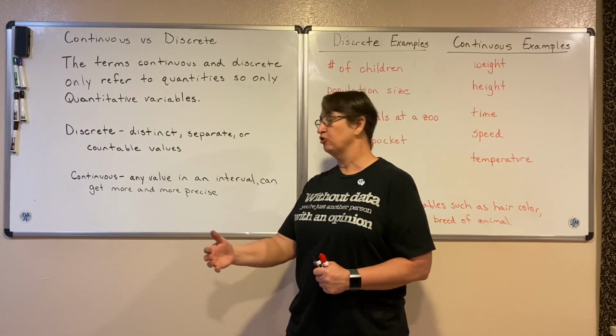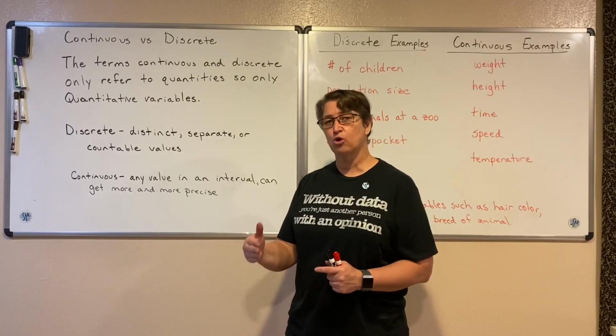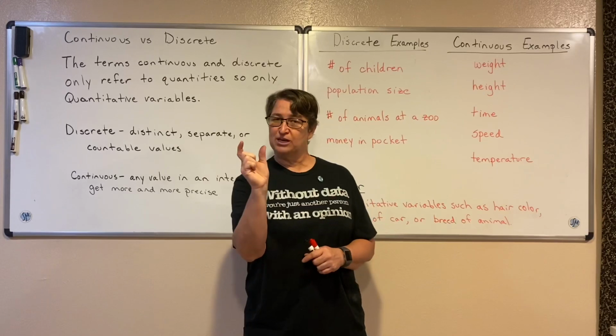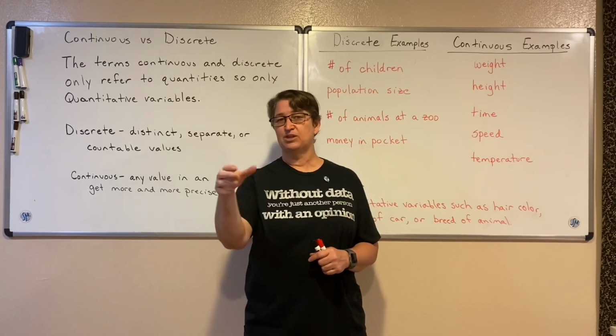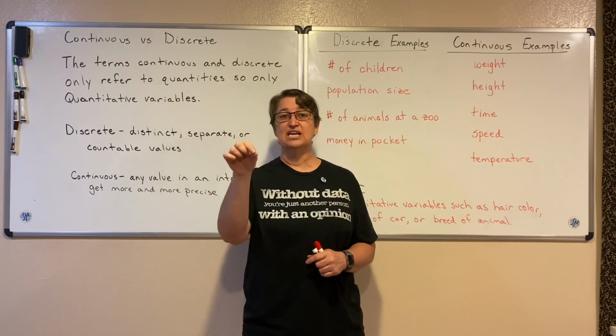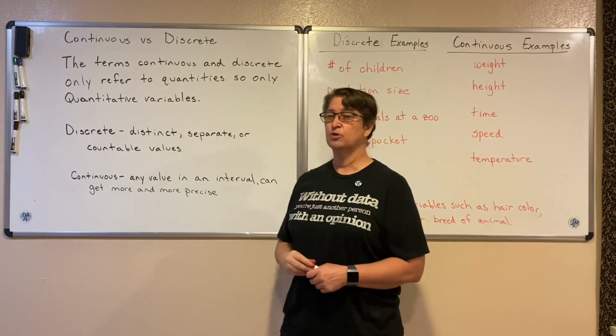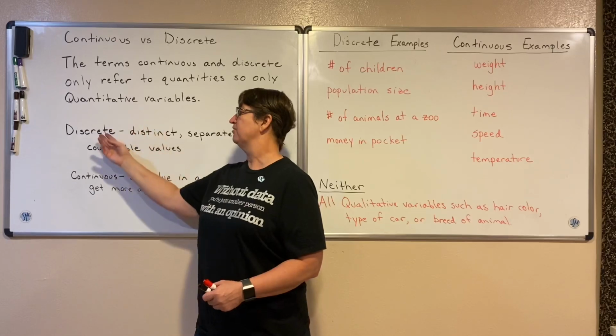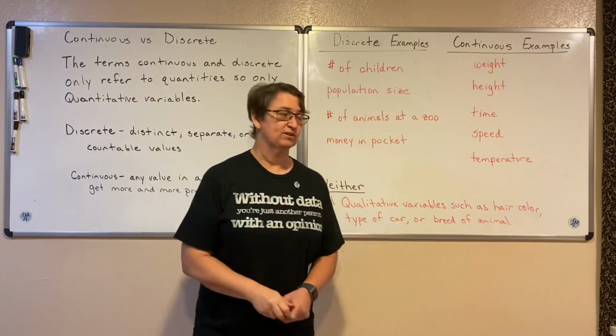Or you can think of it as being measured more and more precisely. I can get in between. If you give me two numbers, I can find something in our population that can get in between those two measurements. So let's look at some examples of that quantitative data that is either discrete or continuous.